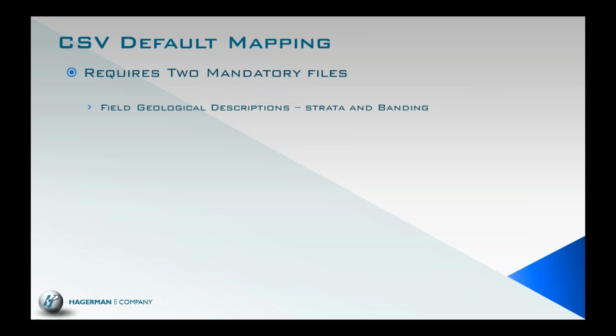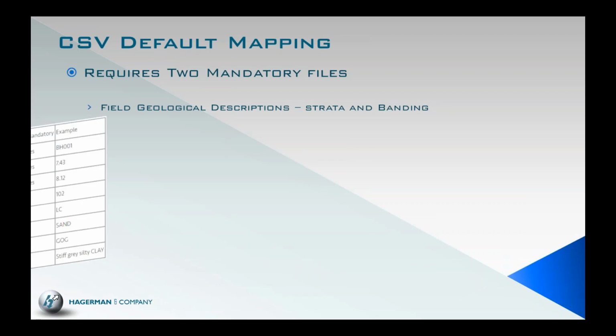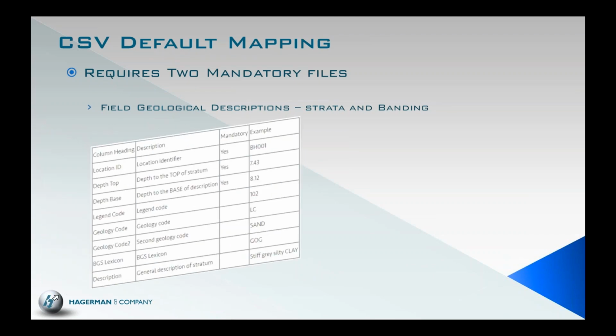The second is our field geological descriptions. It's our strata and our banding. Similar to our location details, we have mandatory information that needs to be placed in this file. This time we only need the location ID, the top depth, and the depth base.